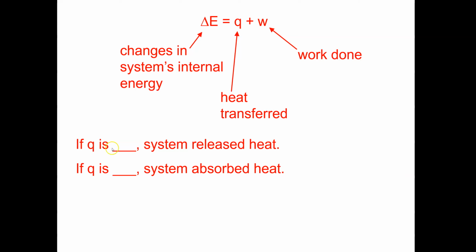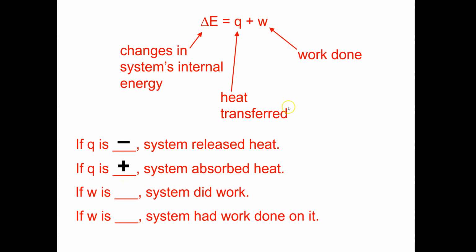As a review, we're going to figure out whether Q released heat or not. If Q is negative, it's going to release heat, and we defined that in previous lessons. If Q is positive, it's going to absorb heat, so think of something like an endothermic reaction. Now, W is a little tricky because W refers to work, in other words, motion.